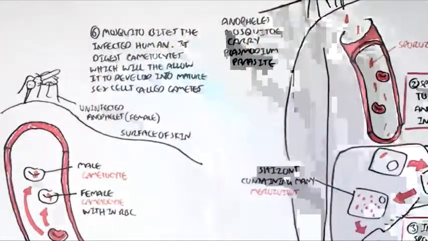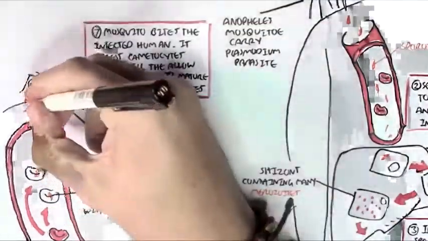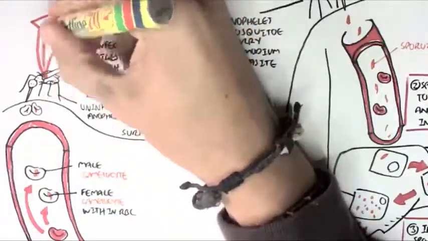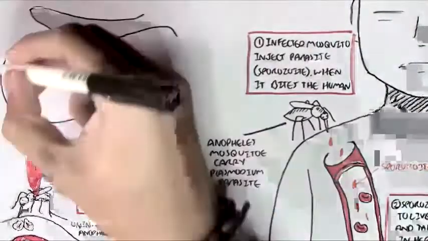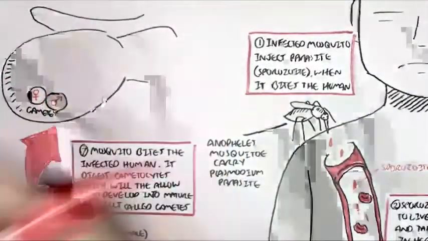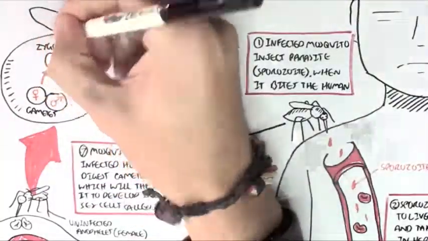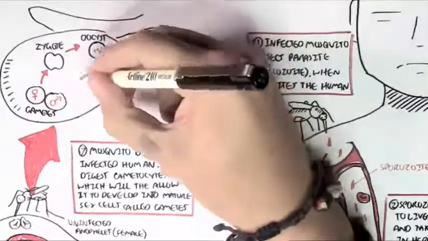So here this Anopheles mosquito will suck up this male and female gametocyte. And then let's zoom into the back of this Anopheles mosquito to see what happens with these gametocytes, now gametes. The gametes will fuse together to form a zygote, which will form an oocyst where sporozoites begin to develop.